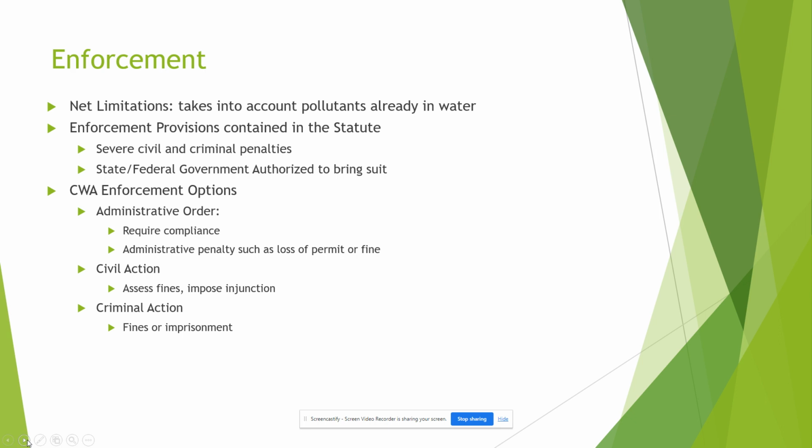They can issue administrative penalties like loss of a permit or fine, fines, and impose injunctions. Now, when they're talking about the net limitations, if they're just monitoring and it's like, holy crap, there's a lot of lead in this water, they have to take into account the pollutants that were in the water before this permit holder discharged anything.